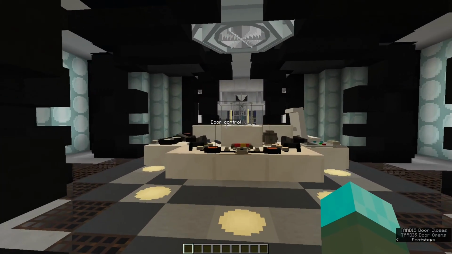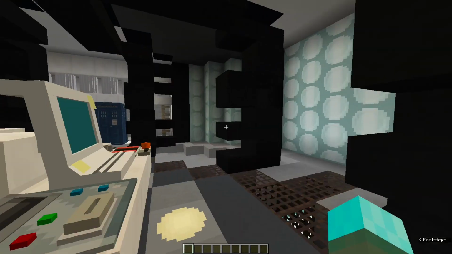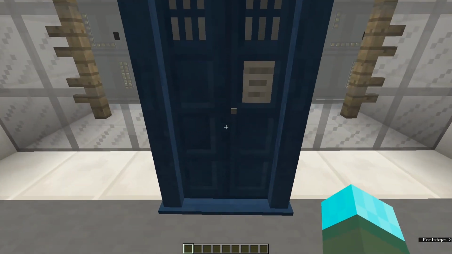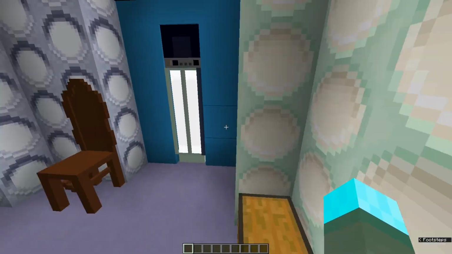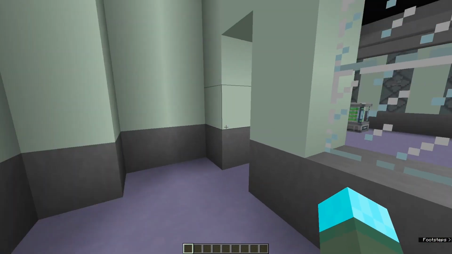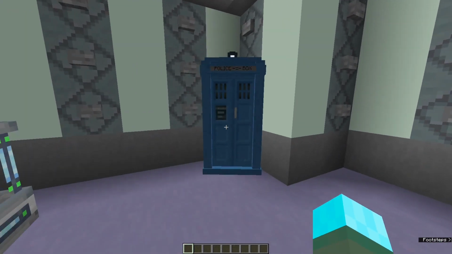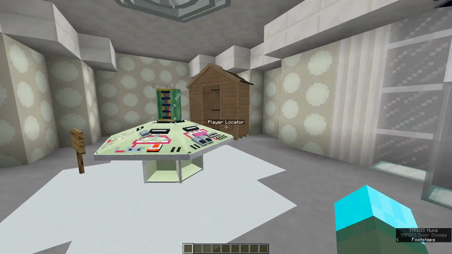This is the Ruth or Fugitive Doctor Interior. This is the Second Doctor Interior. This is the Third Doctor's Interior.